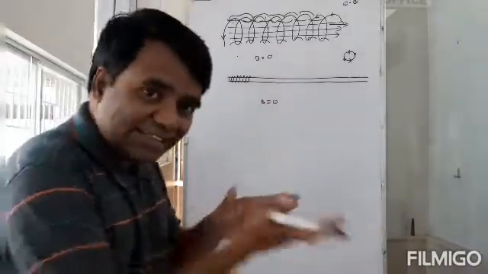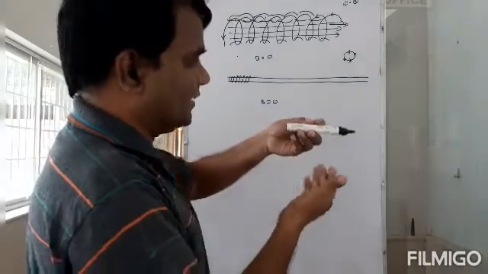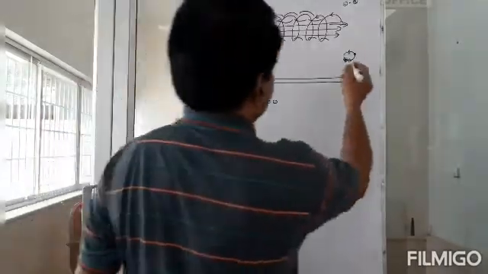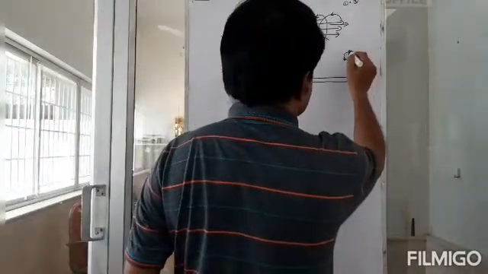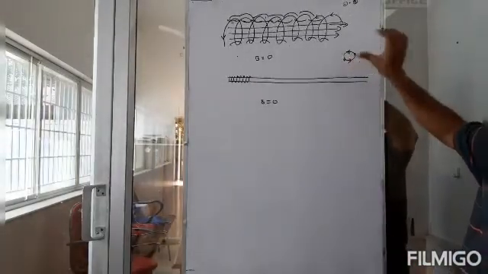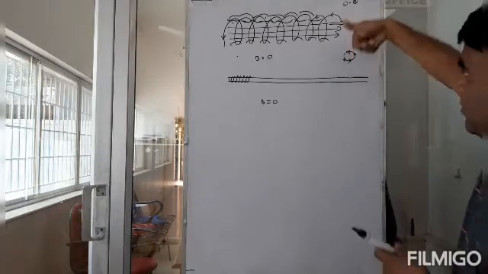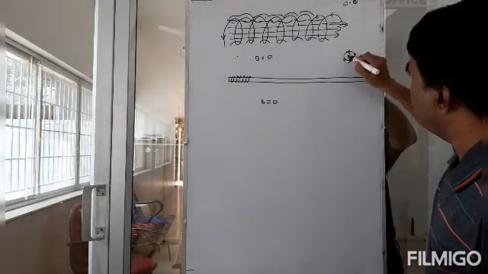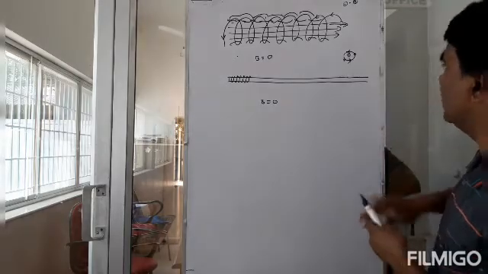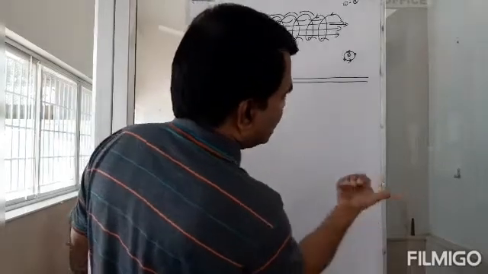But inside they will aid each other. You notice, if you take this point, you see current is flowing this way, current is flowing this way. So you see it's like this, right? Inside it will be coming out. Again here, if you take this, current is flowing this way, so inside it will again be coming out.